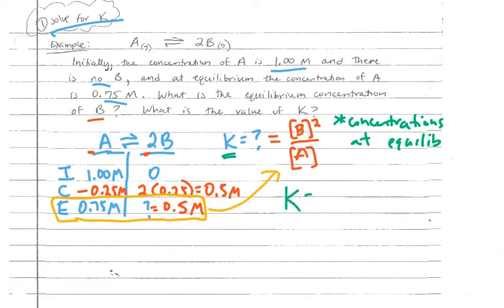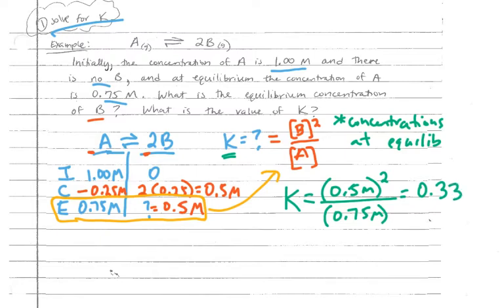All right, so K equals the concentration of B at equilibrium, which we've solved is 0.5 molar, squared, divided by the concentration of A at equilibrium, which we are told is 0.75 molar. So the value of K that we solve for is simply 0.33.